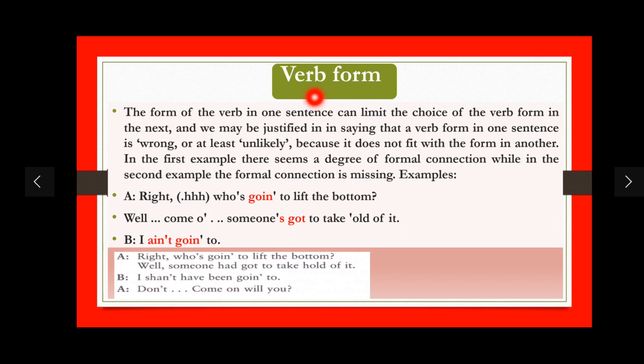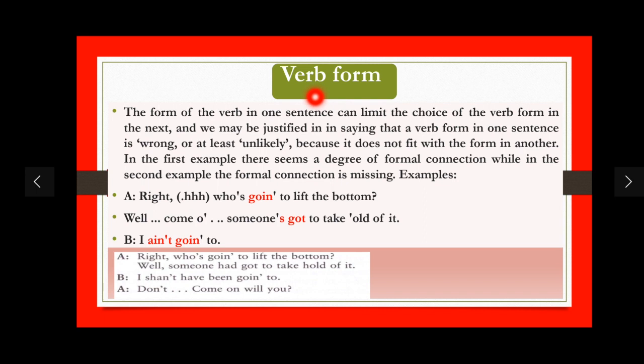It's not necessary, I don't mean that you have to write a paragraph in simple present tense. No, not at all. I mean that, for example, you're writing a paragraph and it's a story, right? Or it's a narration. You're describing something. You are explaining something. So you must be consistent in verb form. If in the first sentence you are using past tense, then in all sentences you must use past tense.